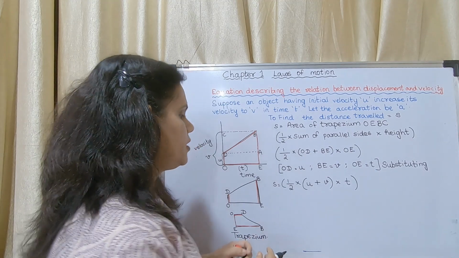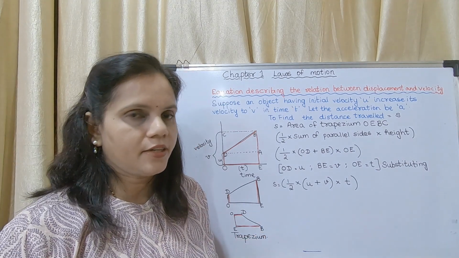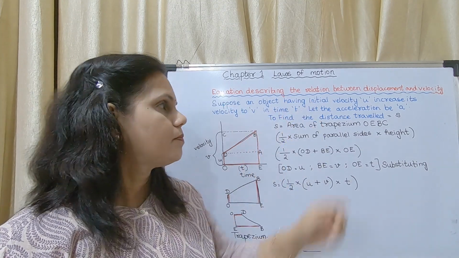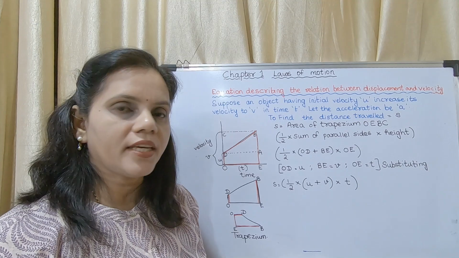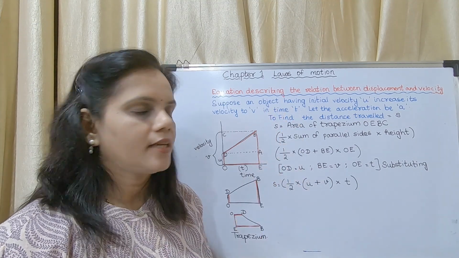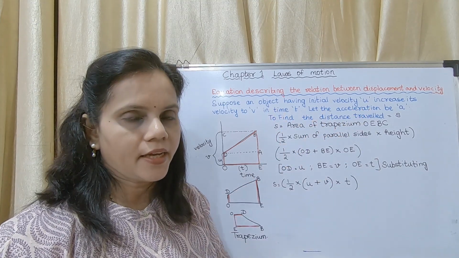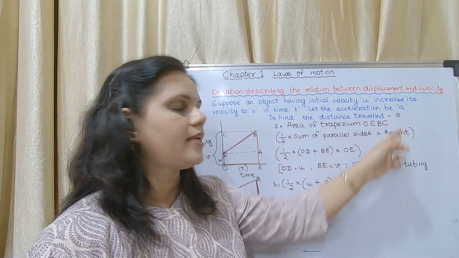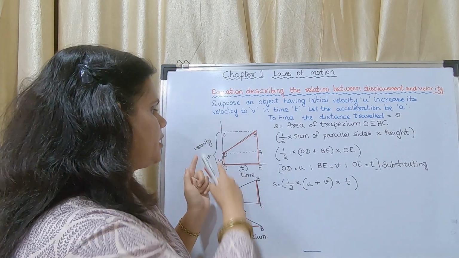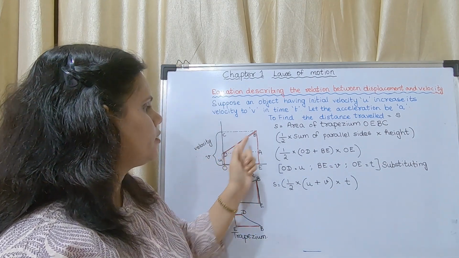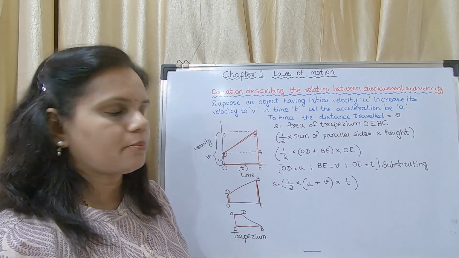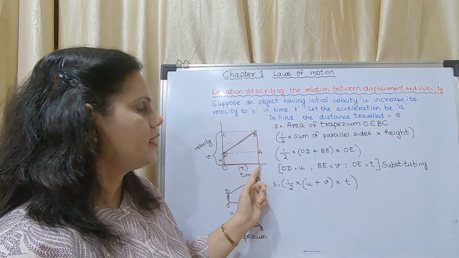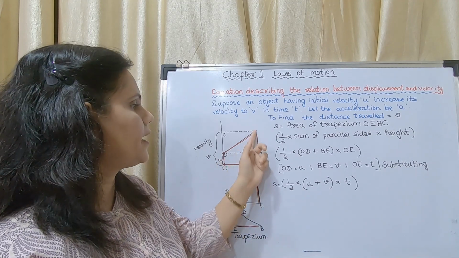Have you understood? I will repeat till here. Suppose an object having initial velocity u increases its velocity to v in time t. Let the acceleration be a. You have to find the distance travelled, s. You may take the trapezium O, D, B, E. The parallel sides are OD and BE.